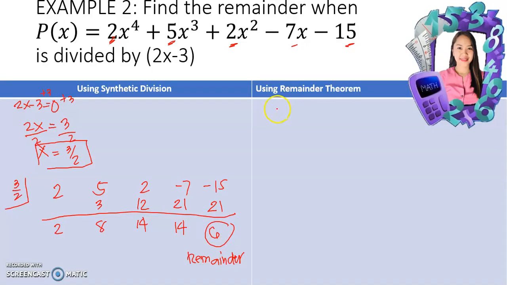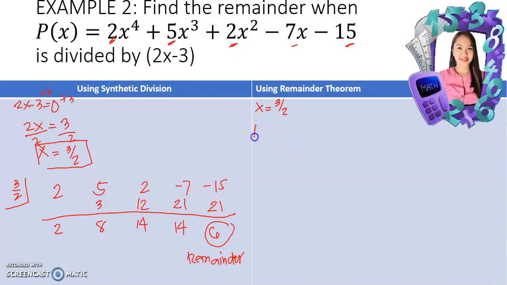Okay, now let us use the remainder theorem in finding the remainder when P of X is divided by 2x minus 3. So we have computed here the value of x, which is equal to 3 halves. So you will just substitute 3 halves to all x in the given P of x.